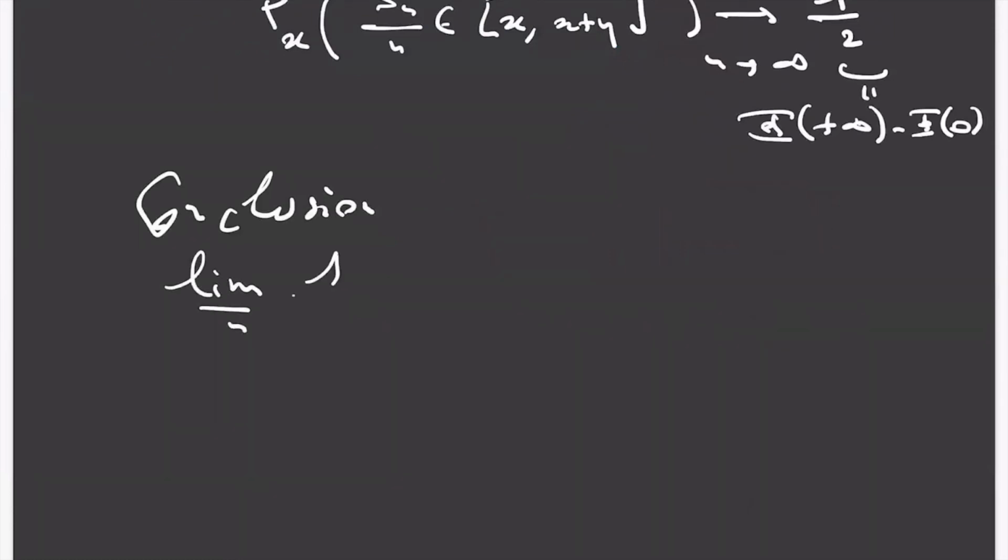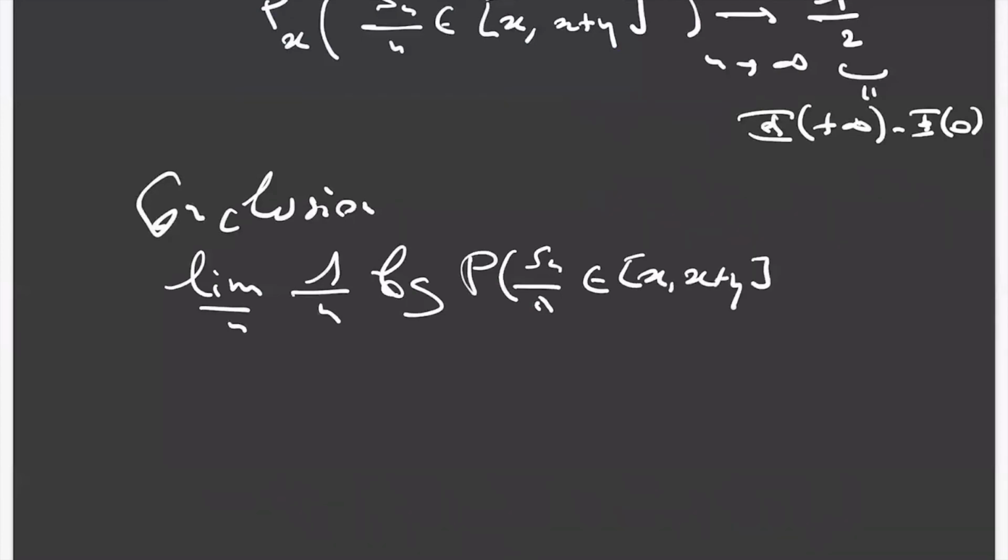We get that the lim inf over n of 1 over n, the log of the probability that Sn over n belongs to the interval x plus eta, is lower bounded by minus psi star of x minus eta times lambda x.